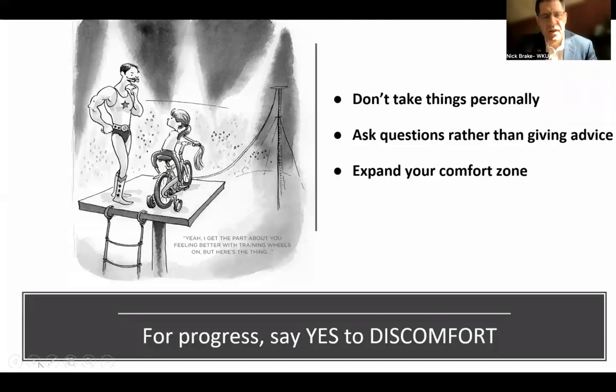But as the trapeze artist is trying to describe to her, this situation is going to create discomfort for her because those training wheels aren't going to matter. So being able to expand your comfort zone, to listen to people, to ask questions, to not take things personally, and try to say yes to discomfort and be able to confront discomfort where it's necessary.